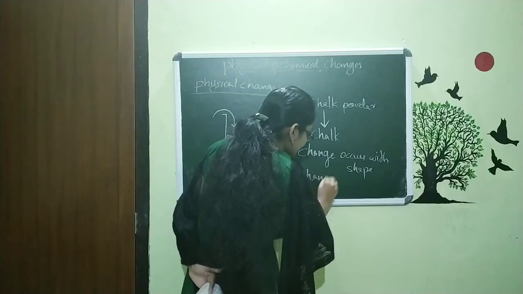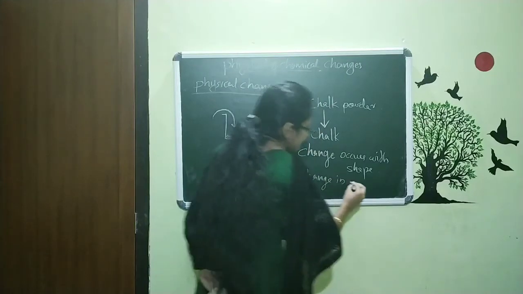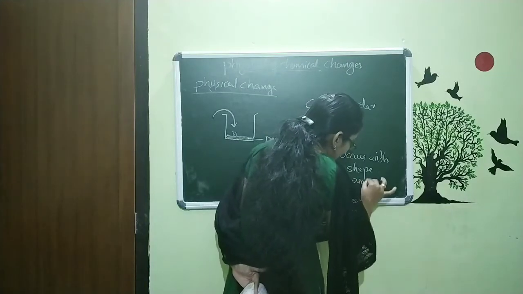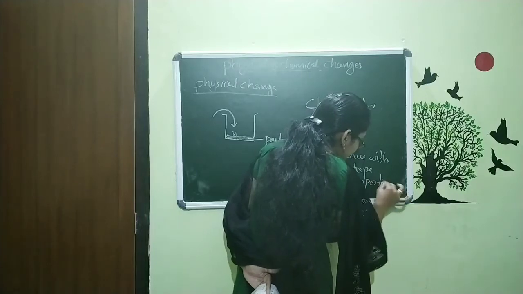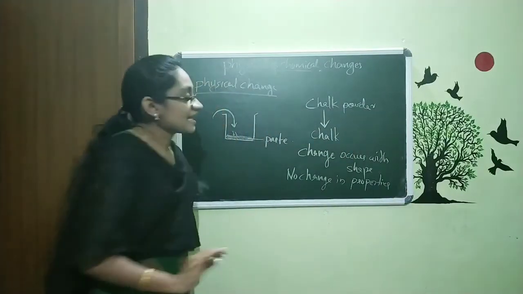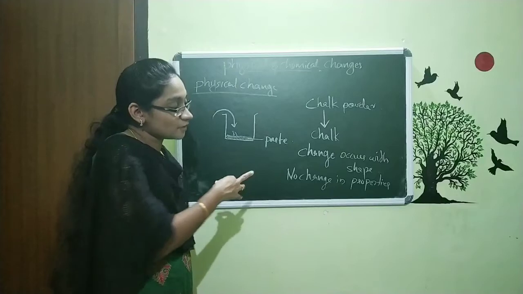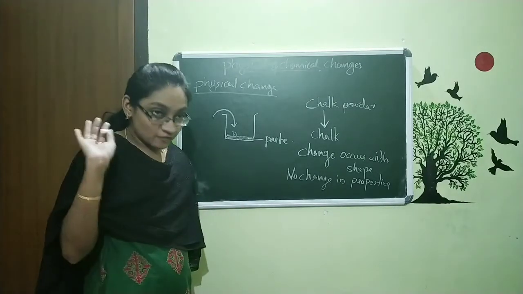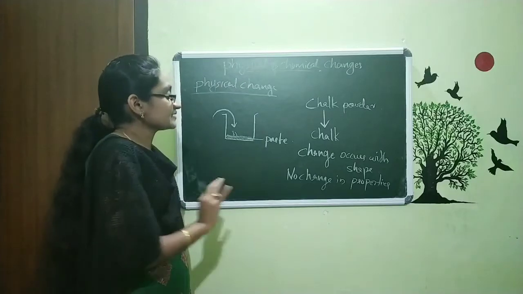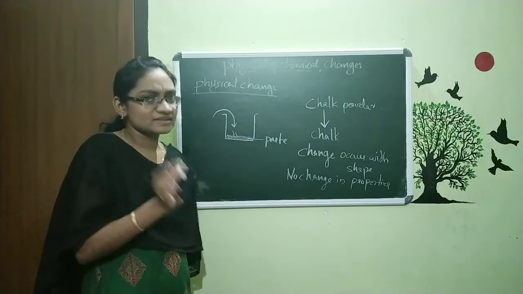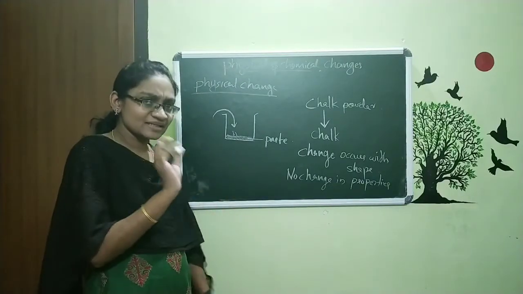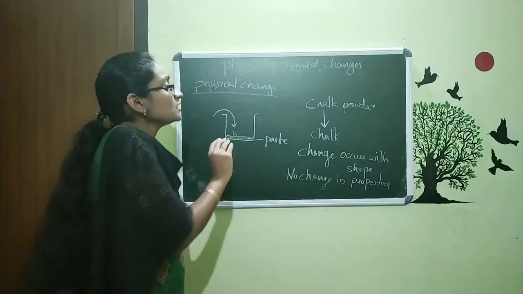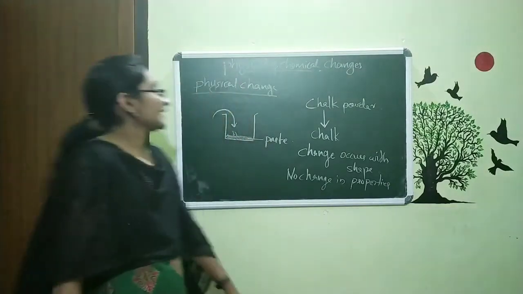Here we are mentioning the properties, meaning the chemical properties. We will focus on it later. Now you just understand that no changes occur with the properties, meaning the chemical properties. This is the second example.